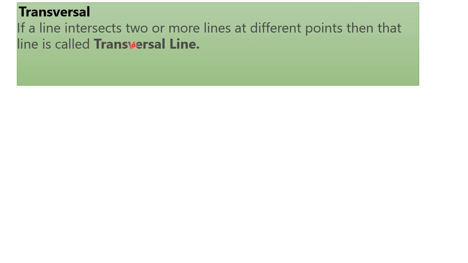Now the most important topic for today is transversal and parallel lines. So what is the meaning of the transversal? If a line intersects two or more lines at different points, then that line is called the transversal line.